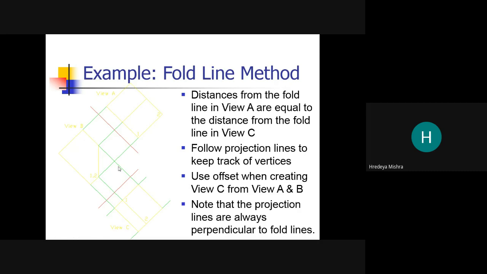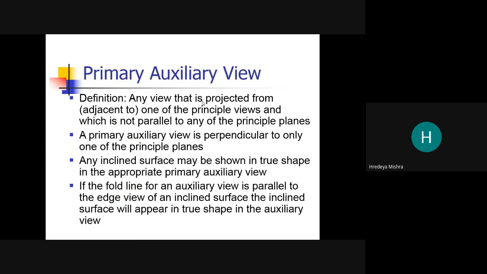Use offset when creating view C from views A and B. Note the projection lines are always perpendicular to the fold line. Okay, so this is a must, we draw the projection line always perpendicular to the fold line.